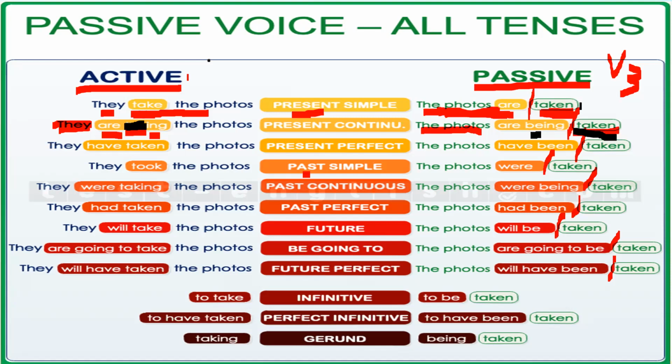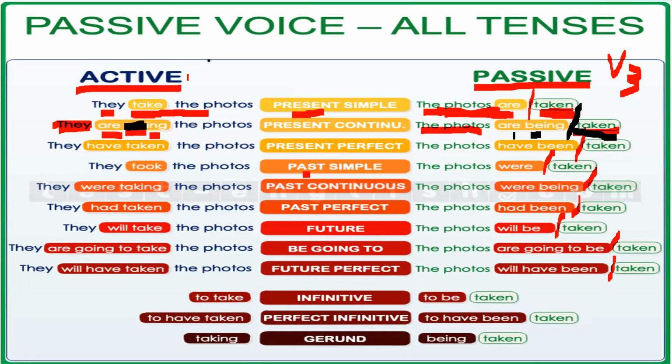And again, the tense finished here. The photos are being blah blah blah. Just before the main verb, this is your tense.